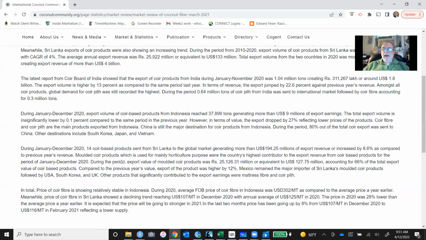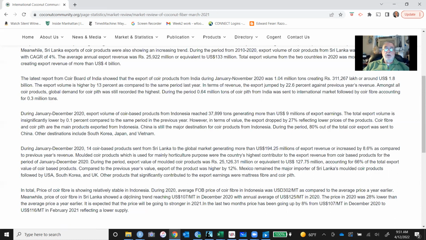Now this used to have a graph associated with it. They seem to have gotten rid of it. Notice where the major destinations are for coir product from Indonesia. Coir is the commodity name for fiber. Various molded products and so on.